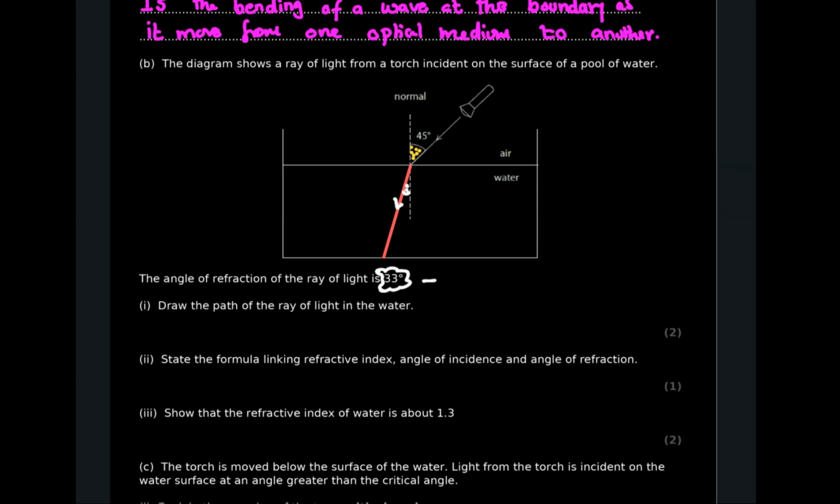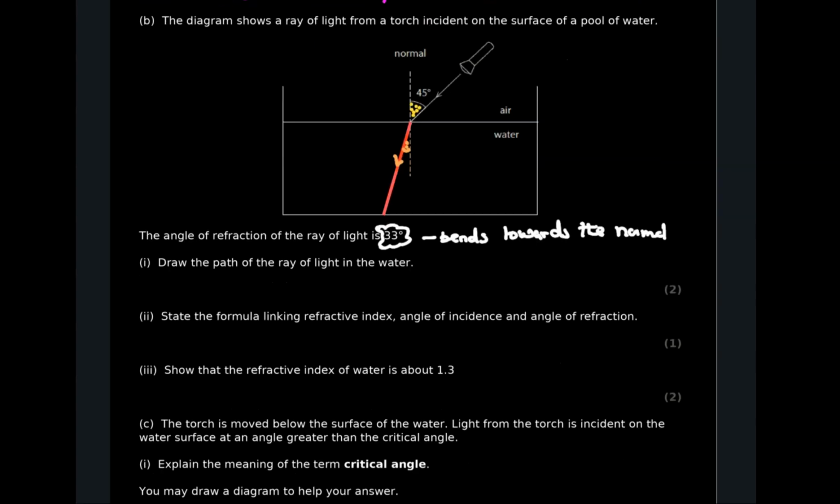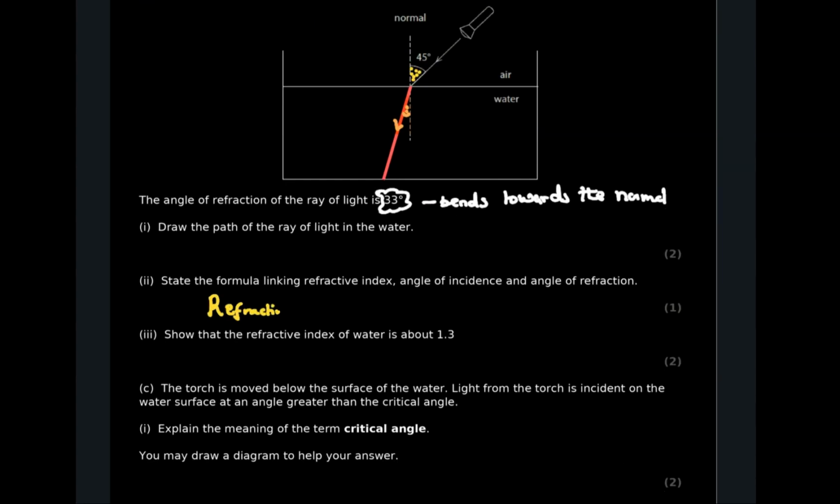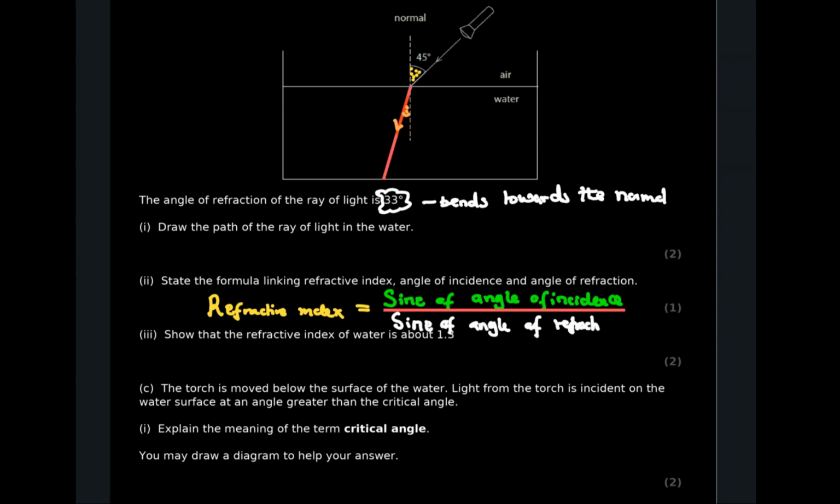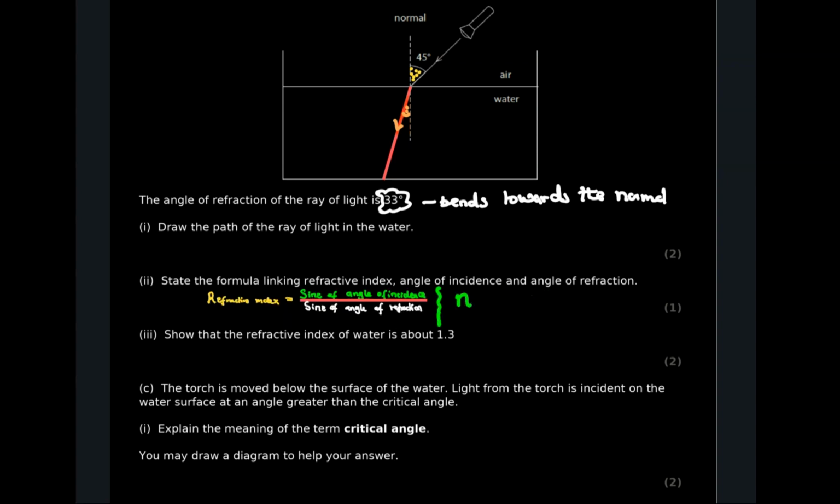The formula is: refractive index equals the sine of the angle of incidence divided by the sine of the angle of refraction. This formula can be written as n equals sine i over sine r. I think this is very common and very familiar to you. So as you're preparing for your exams, this is an area that you need to focus on.